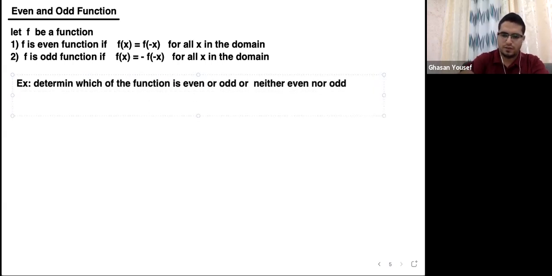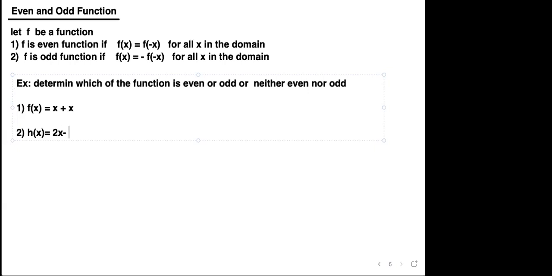So for the first one, f of x equals x cubed plus x. And for the second one, h of x equals 2x minus x squared.